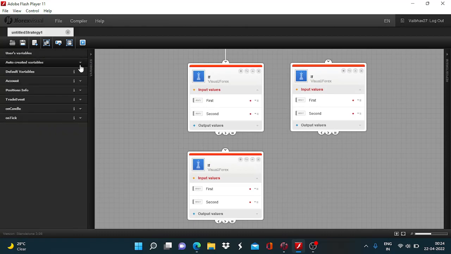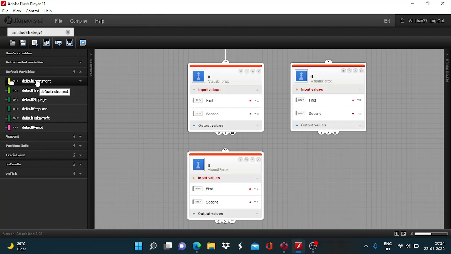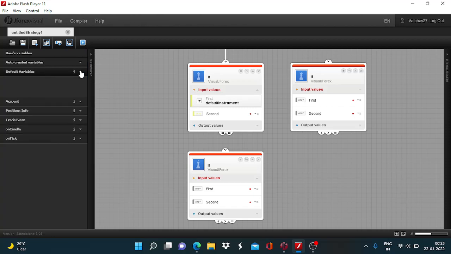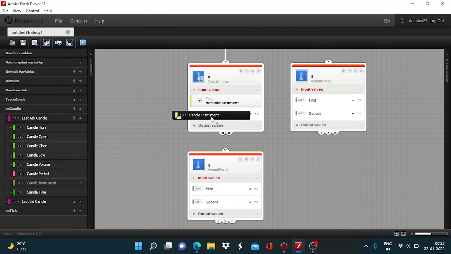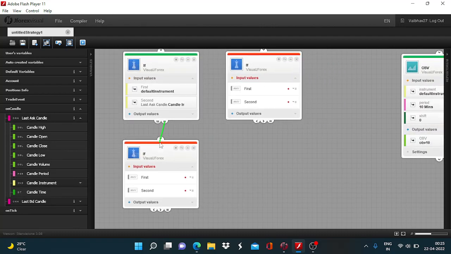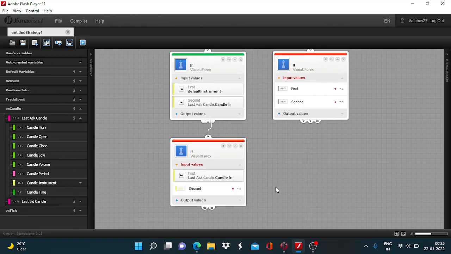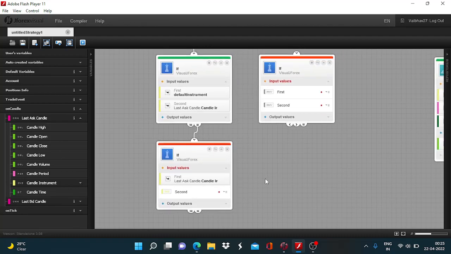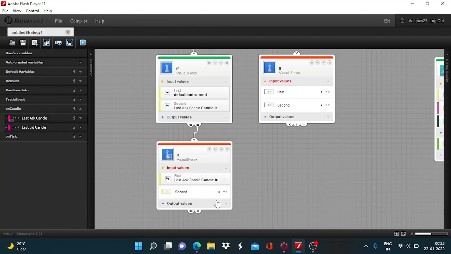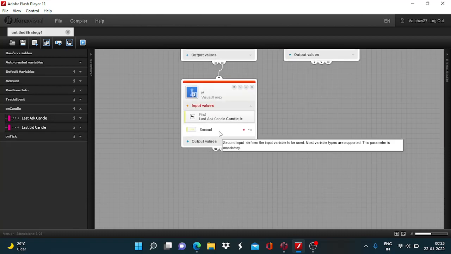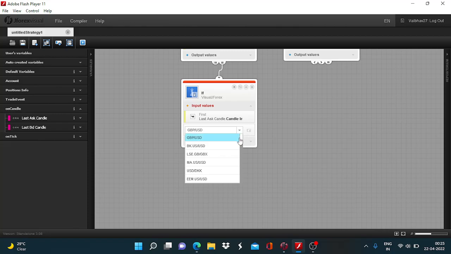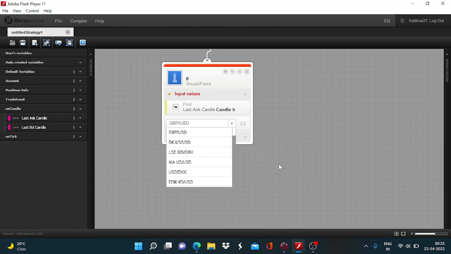Auto created variable, we will take default variable, default instrument, and default instrument should match with the candle instrument. Here we have to go for the instrument of choice, which is Euro USD.